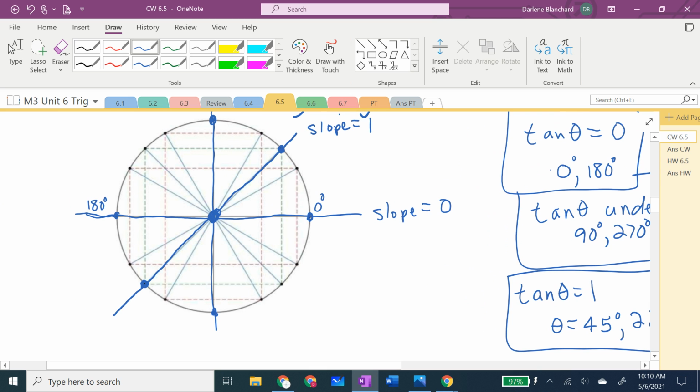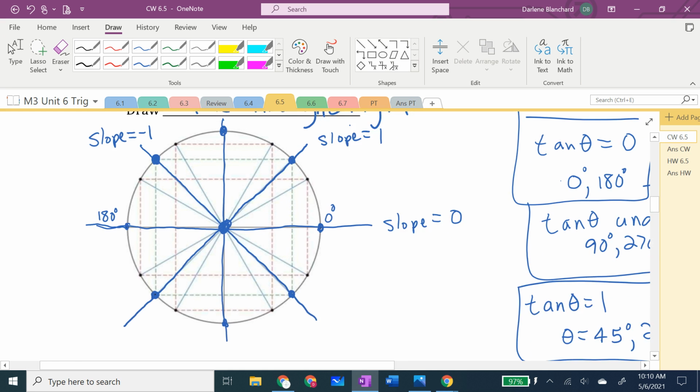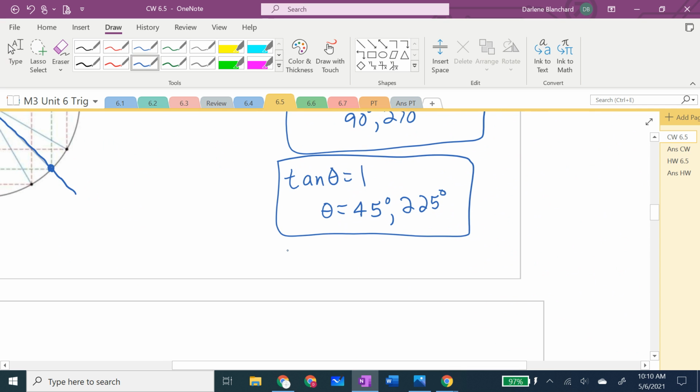If I draw a line through the origin with a slope of -1, actually, I'm going to write that over here. What are those two angles?